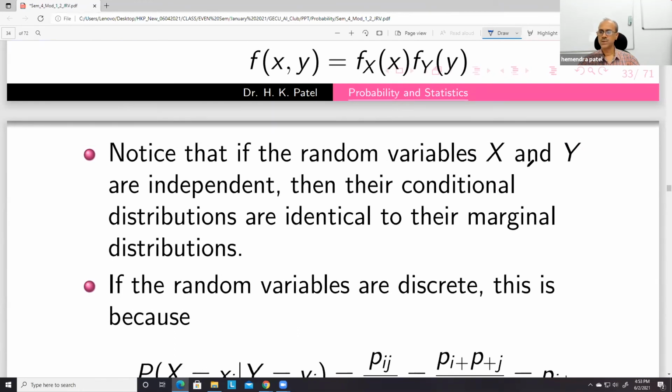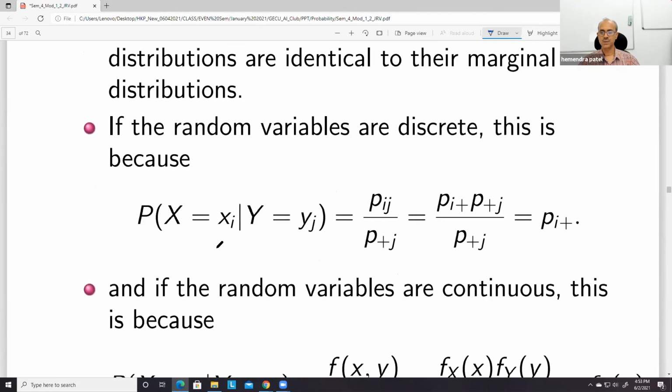So if random variables x and y are independent, then their conditional distributions are identical to their marginal distributions. This you can see, a simple one. This is conditional probability actually. These notations are important: this line means conditional, and if it is a comma, then this is intersection.